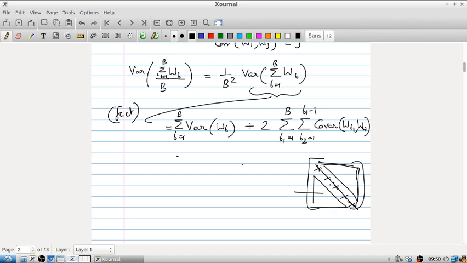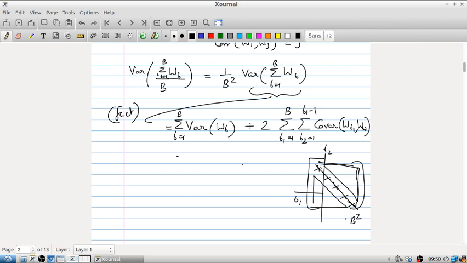So think of it this way, right? If I want to take an entry here, let's say this is the b1 row, and let's say b2 column. All I'm saying is that these indices only cover the lower triangular part of the matrix. In terms of counting, the total number of entries in this matrix is B square, right? For every b1, b2, I can take a pair, so there's B square.